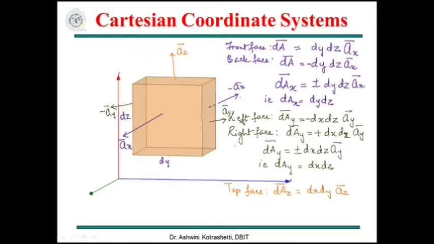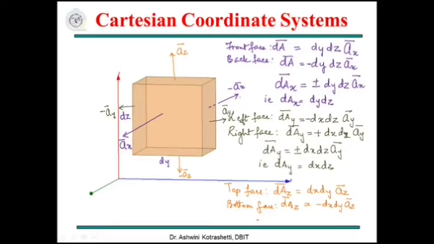Okay, and now coming to the bottom face. For the bottom face you have dAz bar which is equal to minus dx into dy az bar. Again the negative sign is associated with the unit vector.